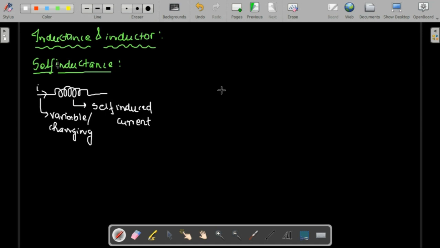Let's take one example. I have a current, this is my inductor, and this is my I, and this current is increasing. The question is, what will be the direction of the induced current? The answer is simple, because from Lenz's law we know that whatever is the cause producing the induced EMF or induced current, the induced current will try to oppose it.